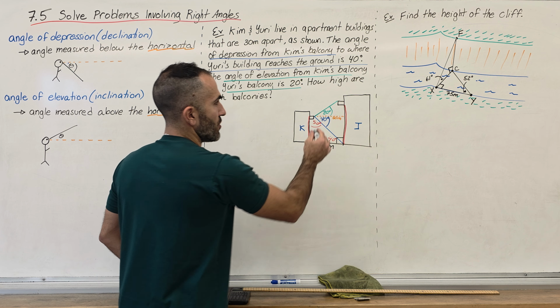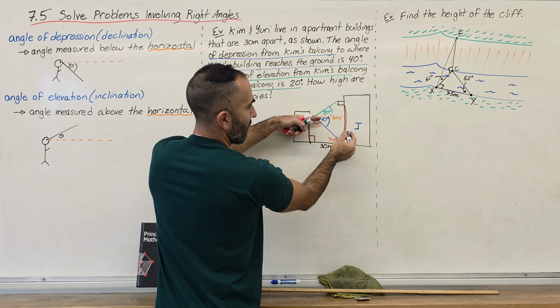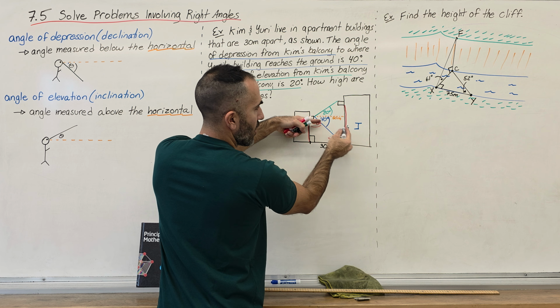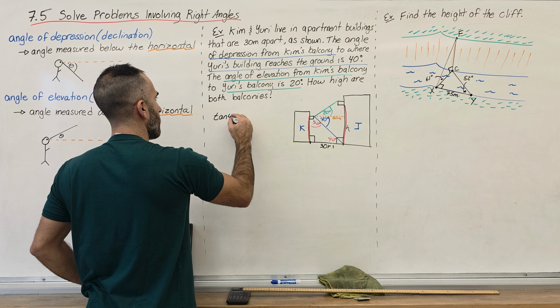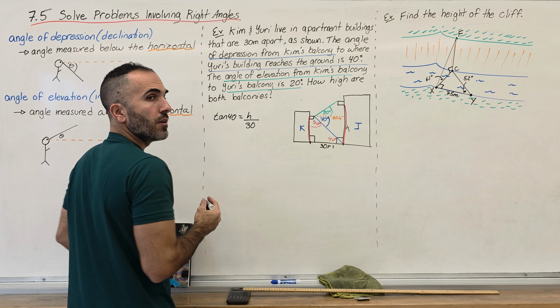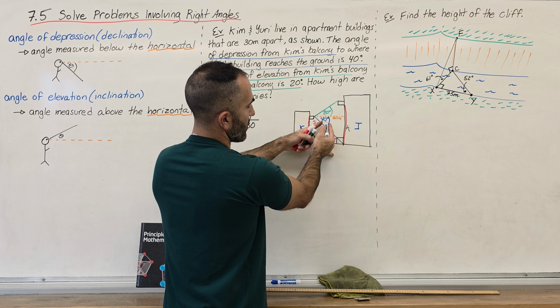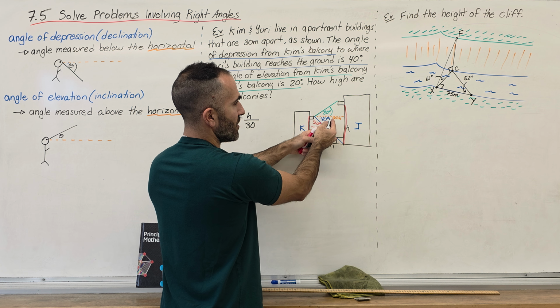So I'm going to use this triangle right here. And I'm going to say, okay, well, I got to find this height right here. That's opposite, and this is adjacent. I'm using tan, opposite over adjacent. So again, how I determine that: I'm using this angle, I have to find this, this is the opposite, this is the adjacent.